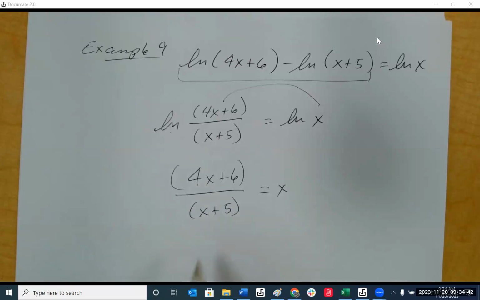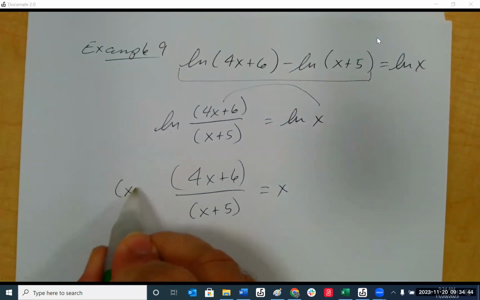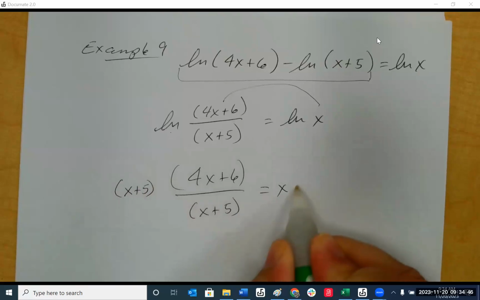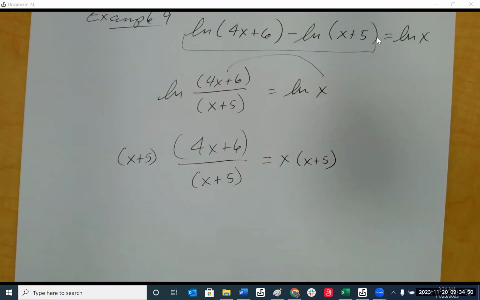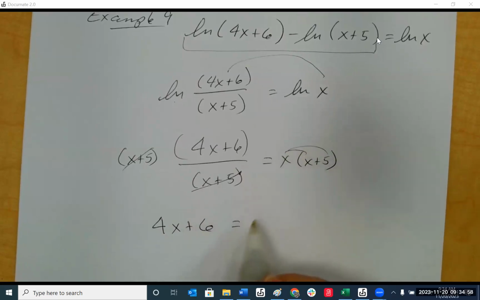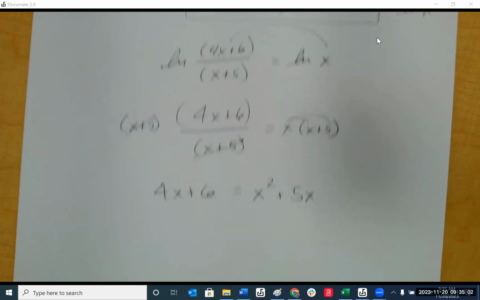Multiply by the LCD, which is x plus 5, multiply that to both sides. So that cancels. Distribute, I got x squared plus 5x.